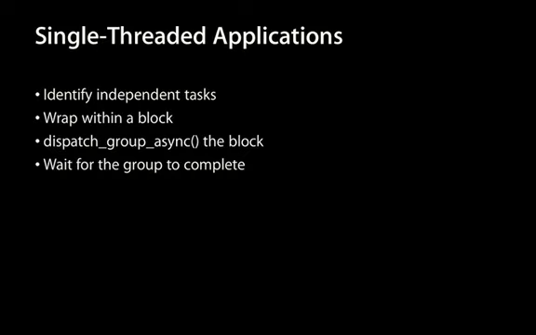And it turns out that in a lot of applications, especially UI applications, there are a lot of different operations that might be going on at the same time. Potentially, every menu item that the user selects might kick off some sort of asynchronous operation. And yes, at times, those different operations are going to need to coordinate with each other, when they're saving changes back into the document or something like that. But there are a lot of independent tasks, and each one of those independent tasks is an opportunity for concurrency in a lot of cases.